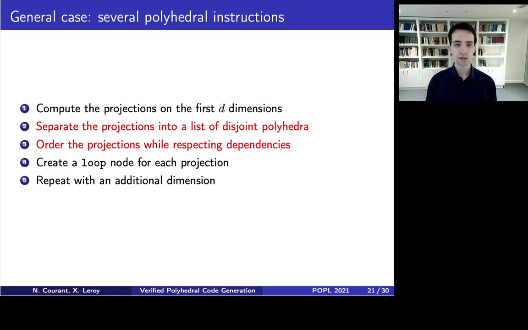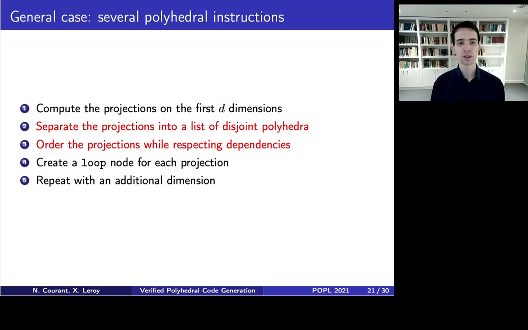The algorithm is similar but with two extra steps. First, we compute the projections of each polyhedron on the first d dimensions. Then we separate the projections into a list of disjoint polyhedra. We order these projections while respecting some data dependencies. We create a loop node for each projection, and we repeat with an additional dimension.